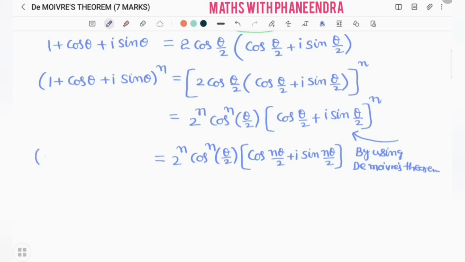This is the value of (1 + cos theta + i sin theta) whole power n. Keep that as equation number 1.